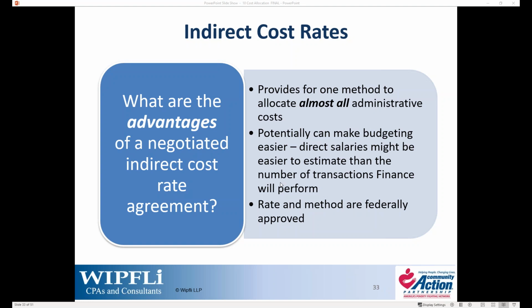Everybody gets charged the exact same rate. And it could potentially make budgeting easier. If direct salaries is our base, and you know what your rate is, it's very easy to determine how much indirect costs a particular program is going to be charged. And another advantage is that the rate and the method are federally approved.